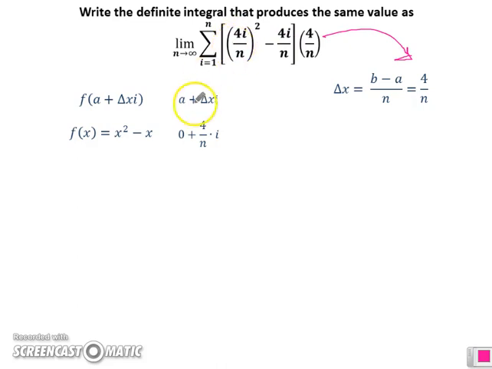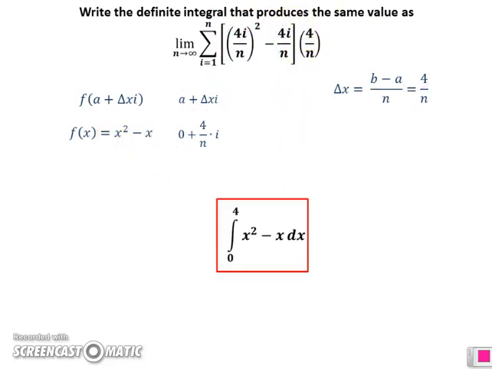And because there's no addition, you still have the delta x, which is 4 over n times the i piece. That'll always be there. But in this case, a was 0. So if a is 0, then b has to be 4. And our function is something being squared minus that something, which is x squared minus x. Done.